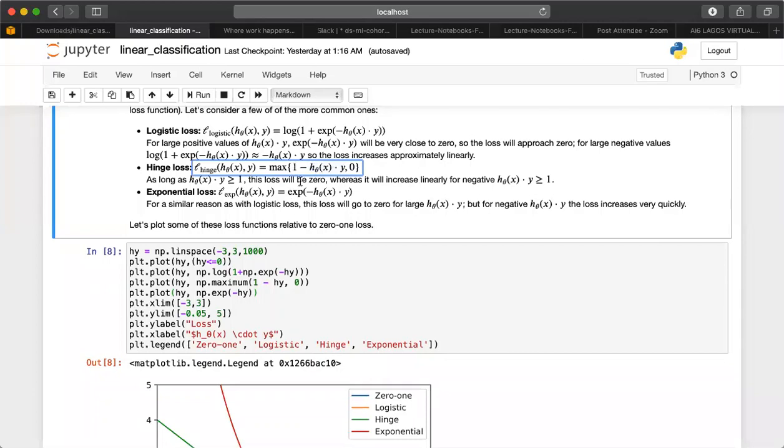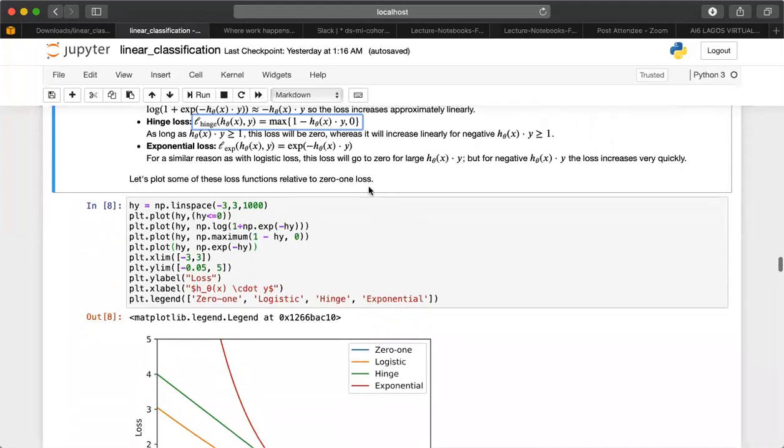What you'll find is that so long as hy is greater than 1, the loss will always be 0. So our objective should be to find high values of h times y, so that we have lower loss.